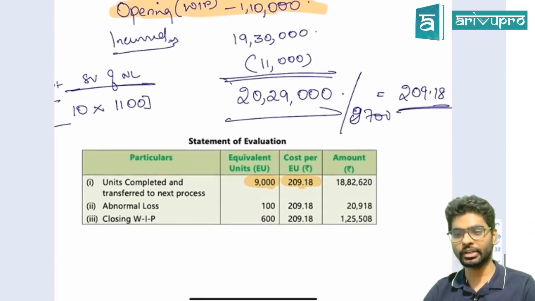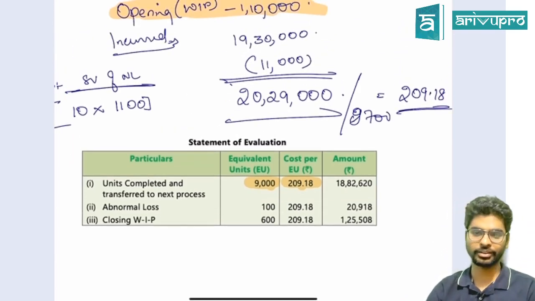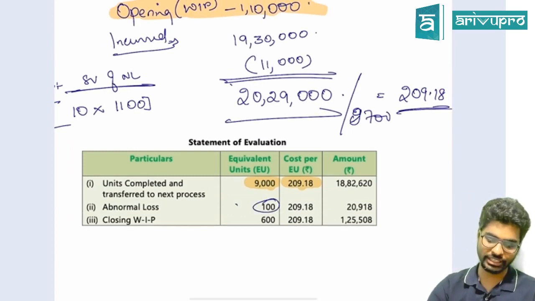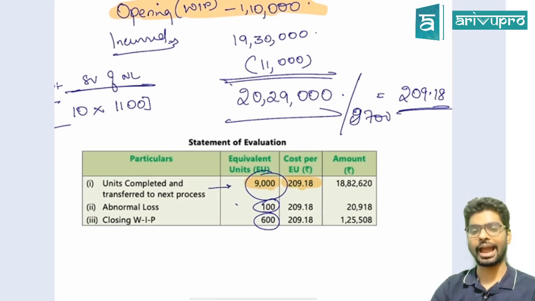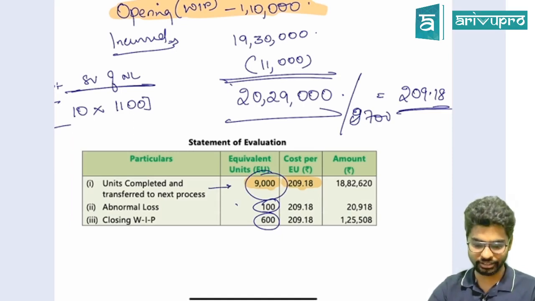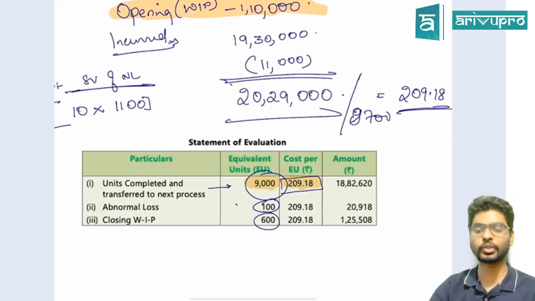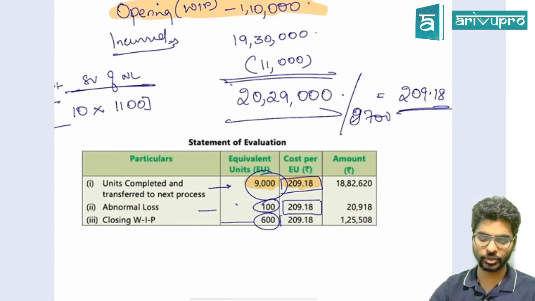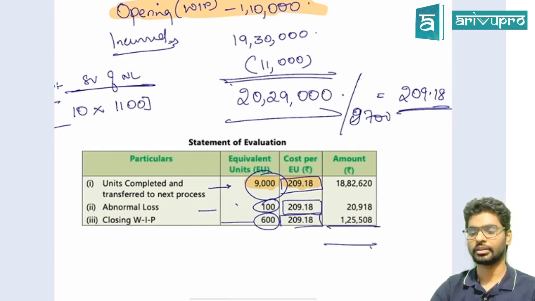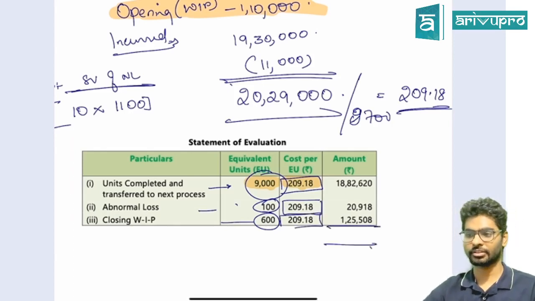My cost per unit will become 209.18, which I will apply for the equivalent units. That is, my opening and the number of units completed this year will be taken at 209, abnormal loss 100 units at 209, closing WIP 600 units at 209. Did you all understand this portion?